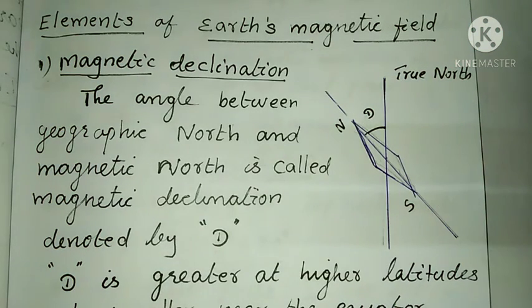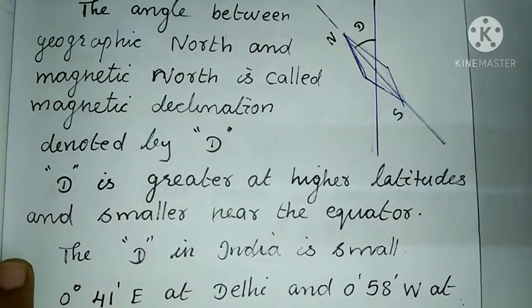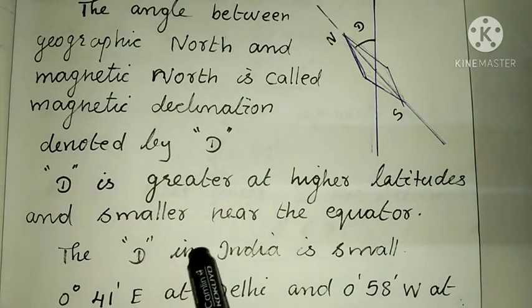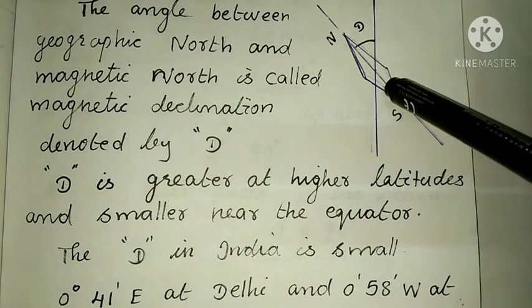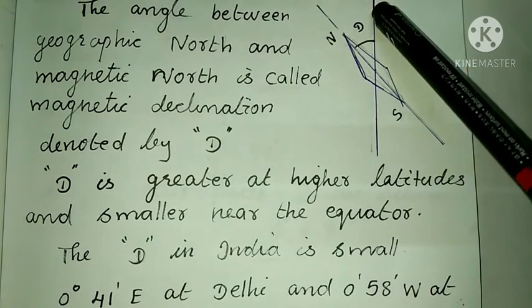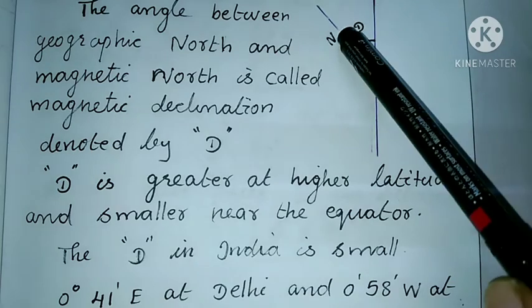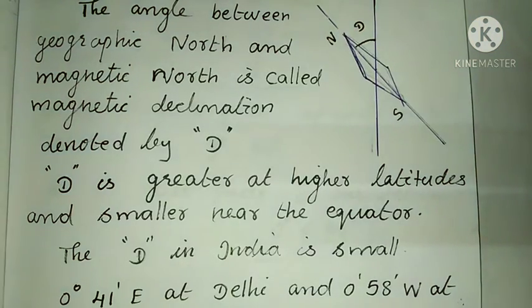And this declination is greater at higher latitudes and smaller near the equator. So as we go up, the angle between true north and the magnetic north increases.